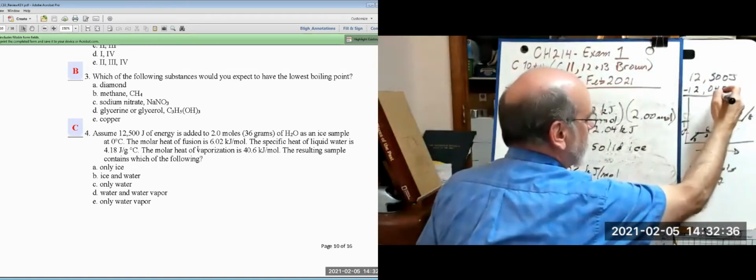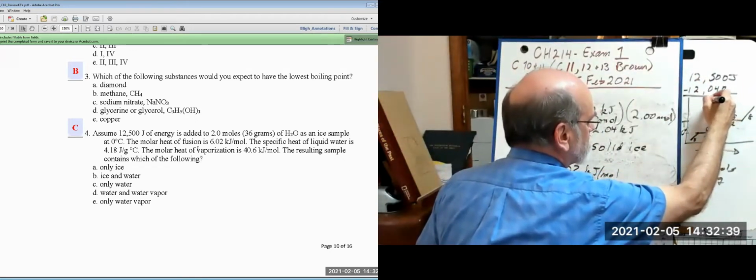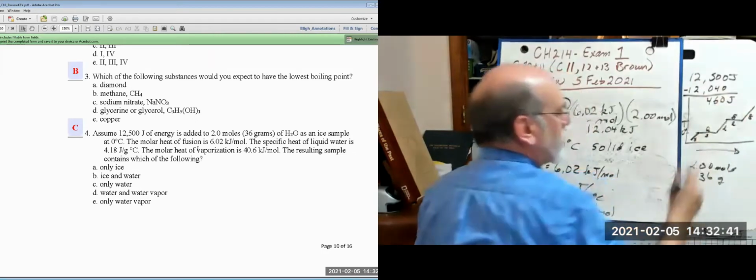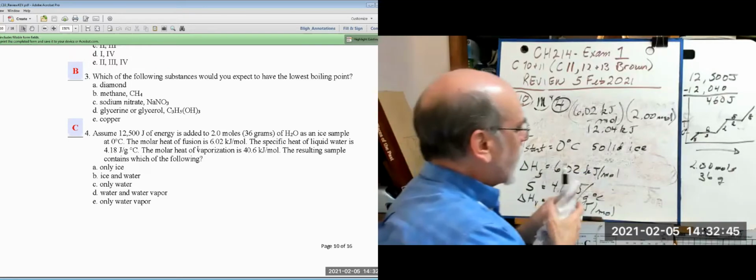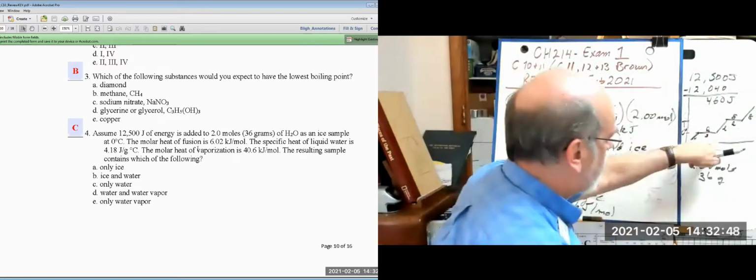This says how much do we have left? 460 joules. Okay? So now we have that much left, and we're at liquid.